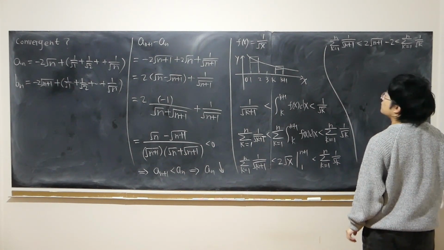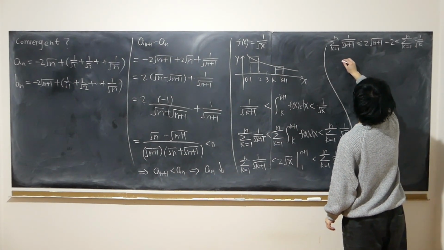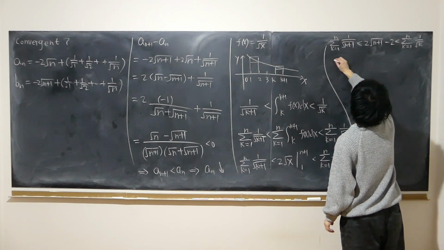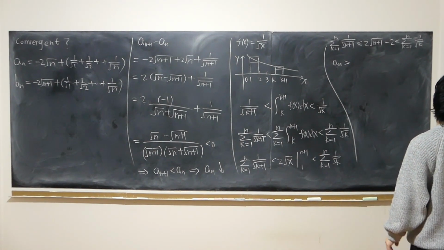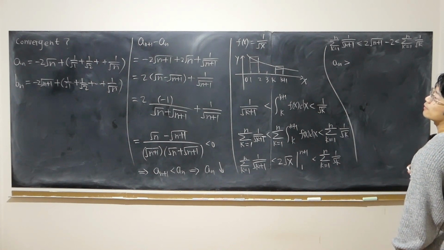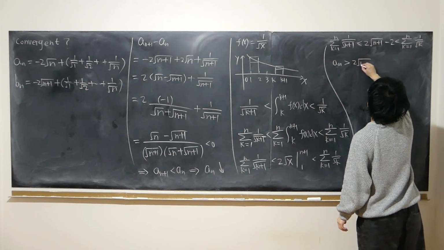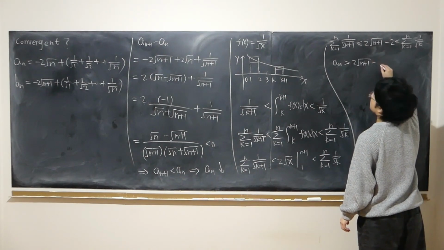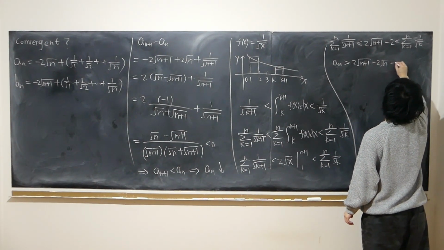So in other words, this time an should be greater than twice of square root of n plus 1 minus twice of square root of n minus 2.